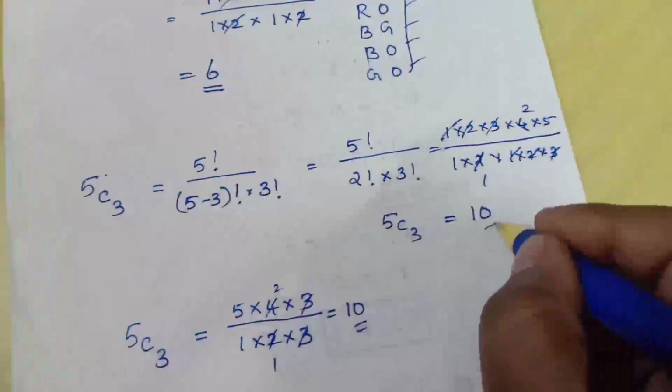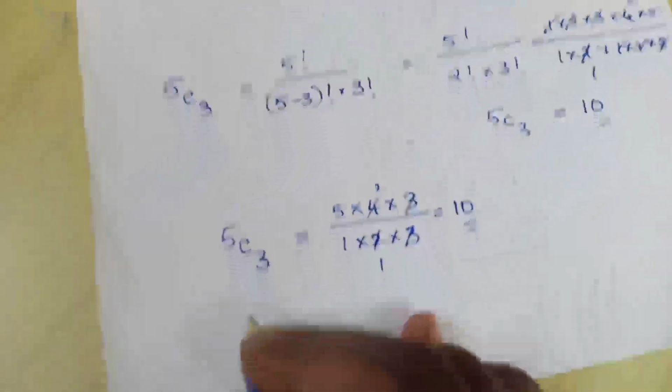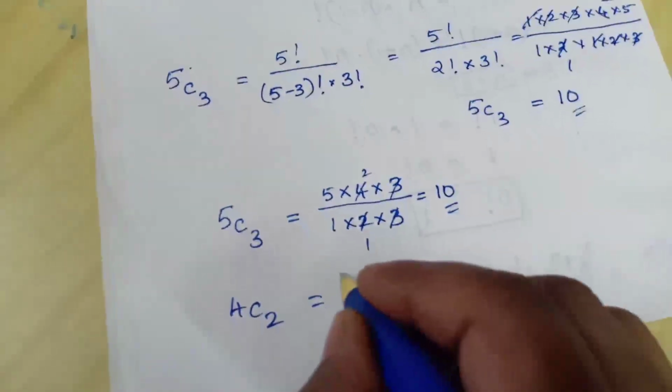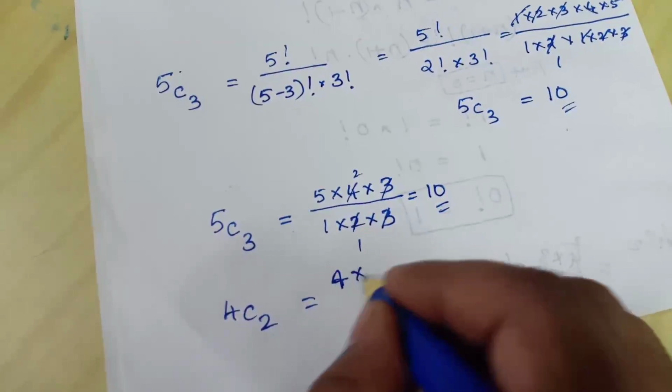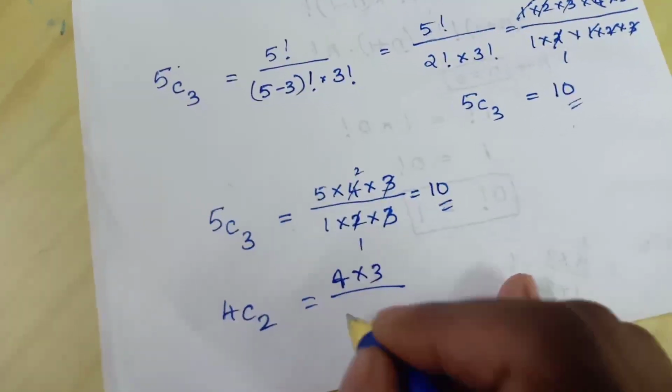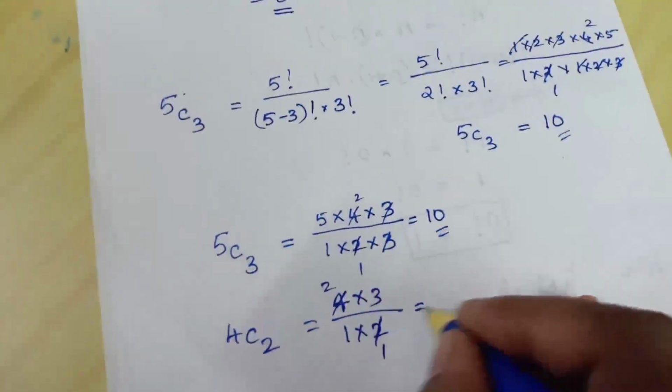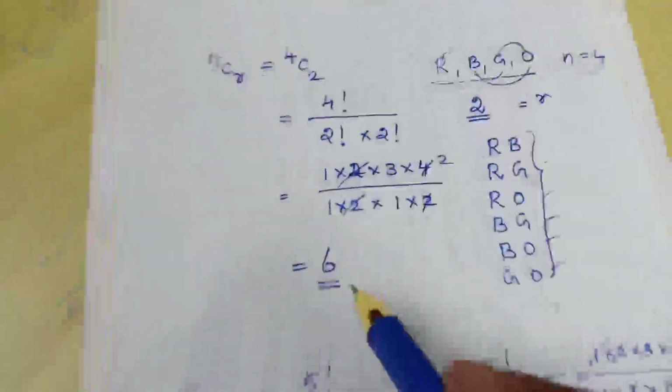So you get the same answer. In the same way, 4C2: we have two terms now, so 4 into 3 divided by 1 into 2. 1 2 is 2, 2 2s are 4, 2 3s are 6. So you got the same answer.